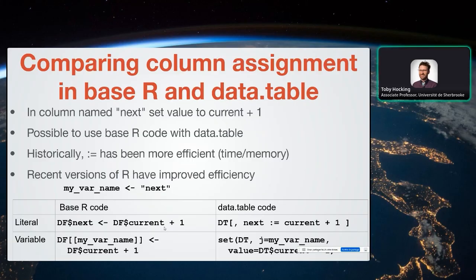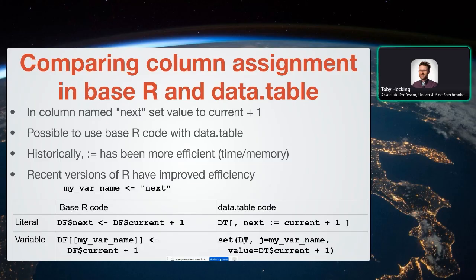Typically, you can actually use this syntax with data tables as well, but in data table we prefer these versions because they guarantee efficiency. Here, to create the new column literally, we can use this colon equals operator, with a new column name on the left, and the new value on the right. Same thing here, using the set function.